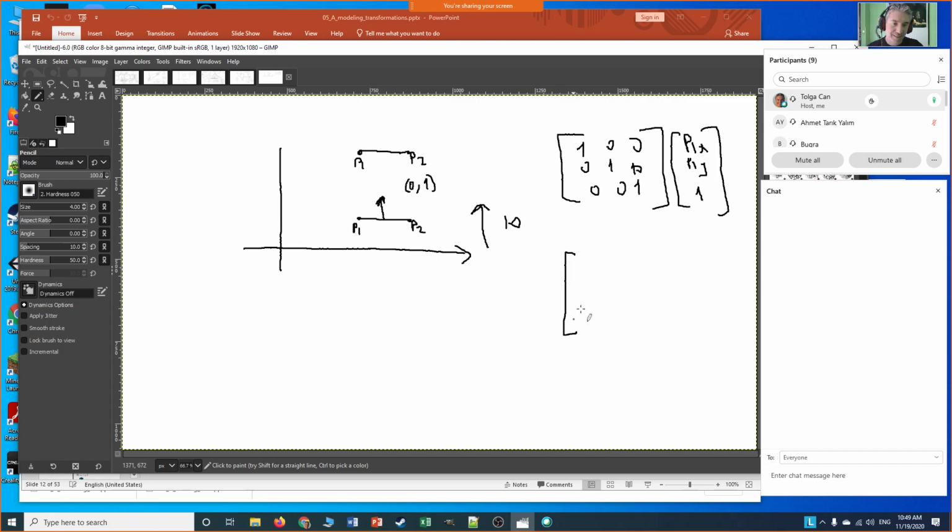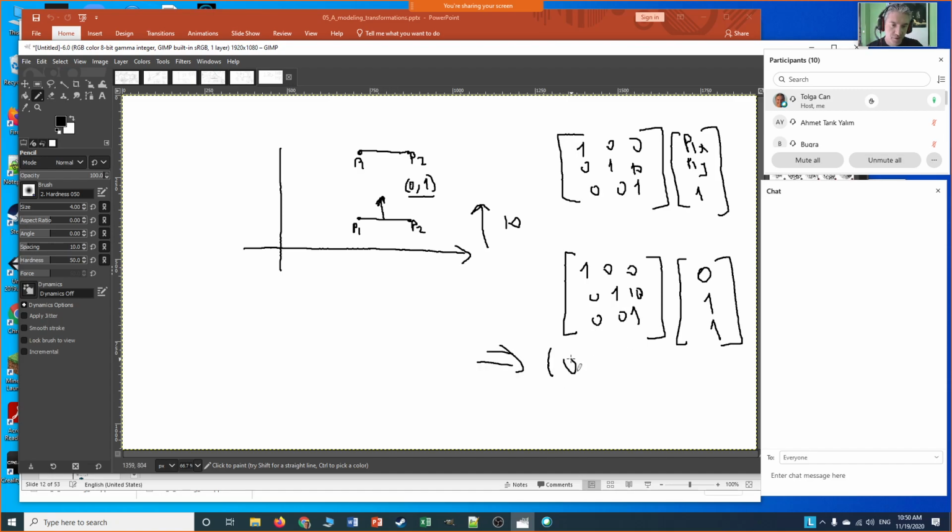Now, if you apply the same thing to our normal vector 0, 1, 0, which is, if you represent again in homogeneous coordinates, the third one, what will happen is, if you just add 10 to its y coordinate, you will see that it's going to be the vector 0, 11.